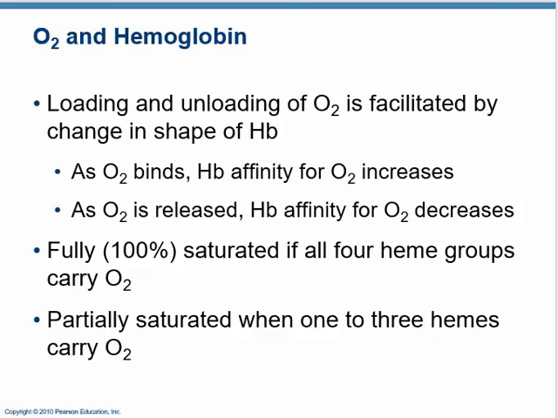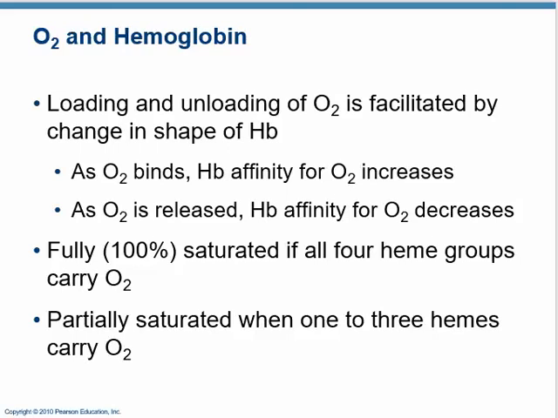So what that means is that when the hemoglobin gets to an oxygen-rich environment and oxygen goes onto it, then it wants more, and it's better at grabbing oxygen from the oxygen-rich environment. When the hemoglobin gets to an oxygen-poor environment and some of the oxygen is released because of the partial pressure gradient, then the hemoglobin holds on to the next oxygen less and will give it up easier.